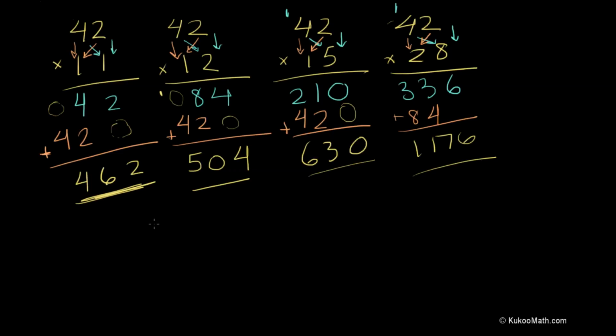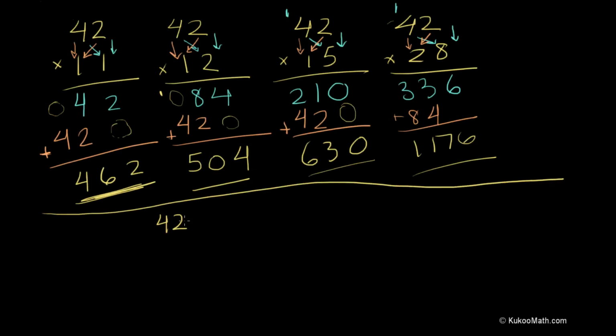Let's try 2 more problems. 42 times 10. The first step is 2 times 0, which is 0. Then it's 4 times 0, which is still 0.